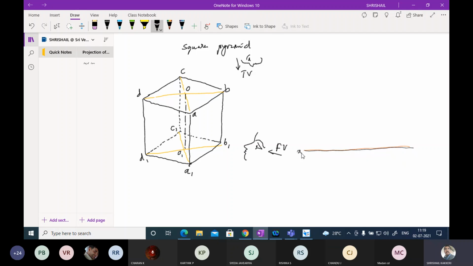This is X, this is Y, and this will be the vertical plane. On this the front will be visible, and this is the horizontal plane. On this the top will be visible.